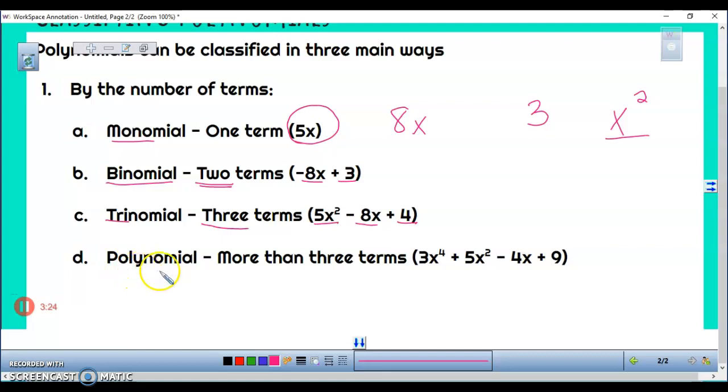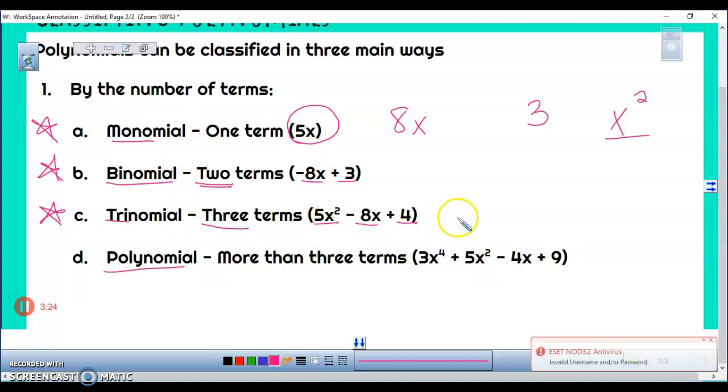Anything else, if it has more than 3, we just call it a polynomial. So this one has 4. It could have 20 terms, and we still call it a polynomial. So you need to remember, monomial has 1, binomial 2, trinomial 3, polynomial is any more. And sometimes they'll call these polynomials when they're not asking you to classify them. So polynomial is just the general name for it.